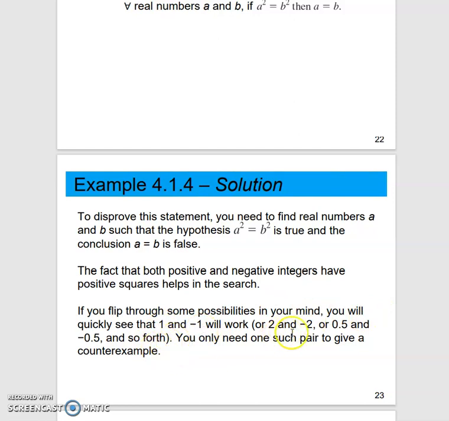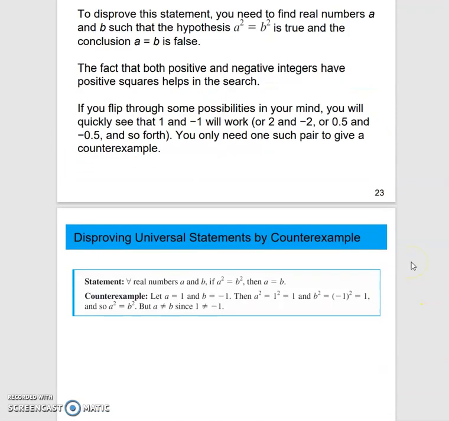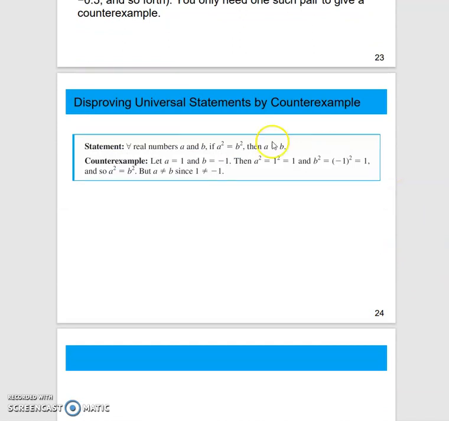And as you can see, there's a couple other possibilities you could try, but 1 and -1 will definitely be enough to show that. And there is our counterexample written out a little bit neatly so you can see that. Again, we do want to be very clear about what the counterexample is, and we do generally show enough detail that it is very clear that the counterexample did not work.